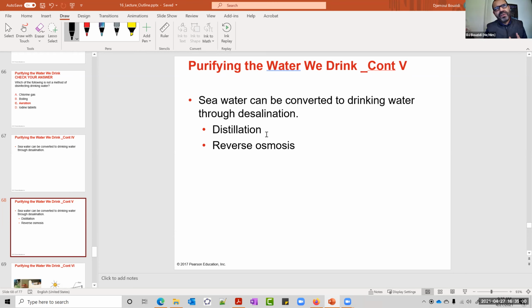The other process involves something called reverse osmosis. What osmosis is: you take water that has salt in it, and you take another water that is pure, and you separate them with a material that has a very, very small porous structure, so that it allows the water to move from one side to the other, but not the salt or the big molecules.